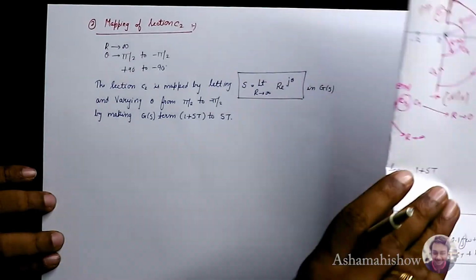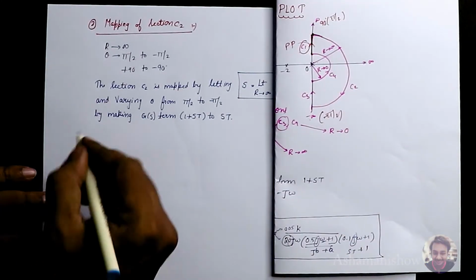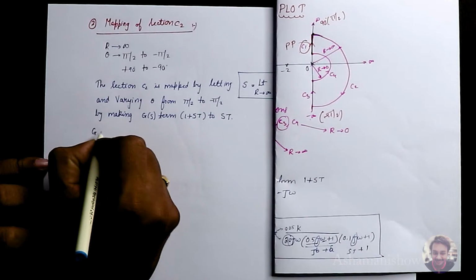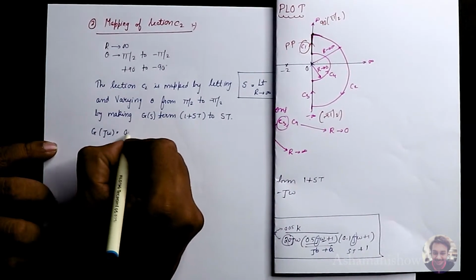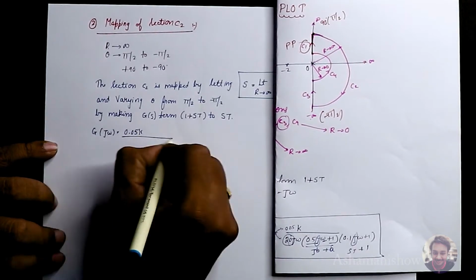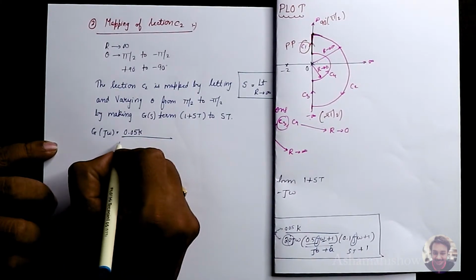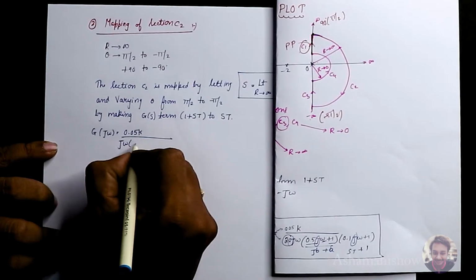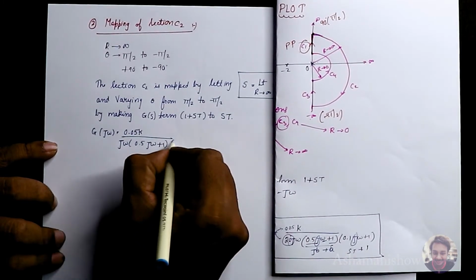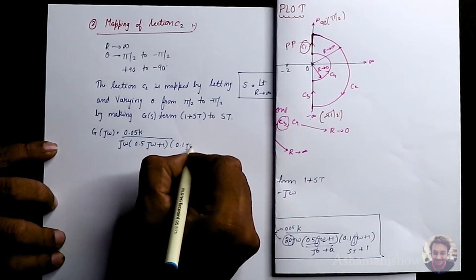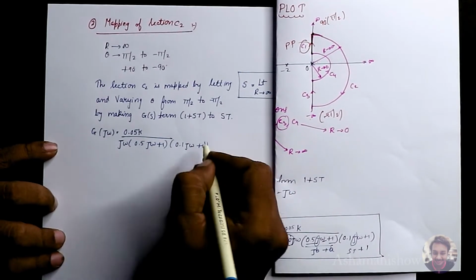Okay, so from this equation what I got, we have made G of j omega, right? This one. Based on the first equation, that's the reason you shouldn't make any mistake while doing the first equation itself.